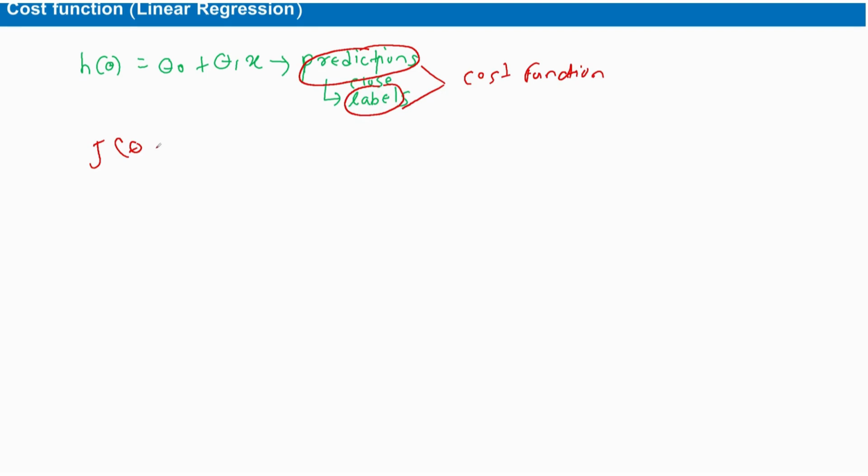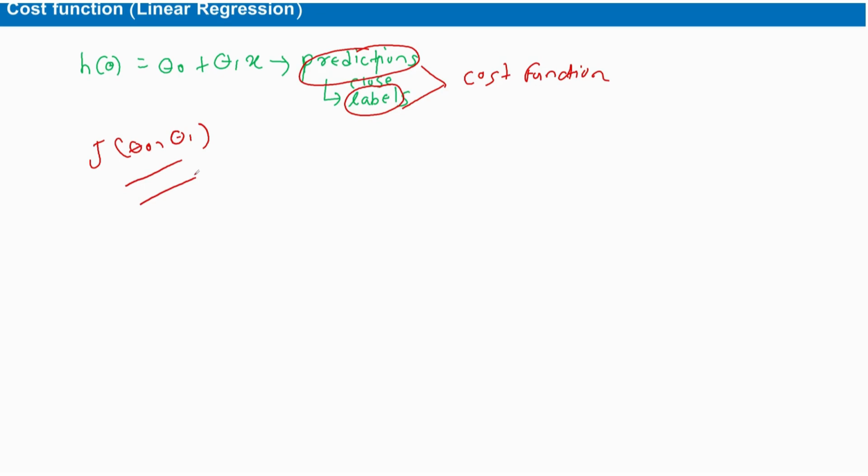In this case we have only two parameters, so it is J of theta 0 and theta 1. It is used to evaluate how much difference there is between the predictions we make and the labels.